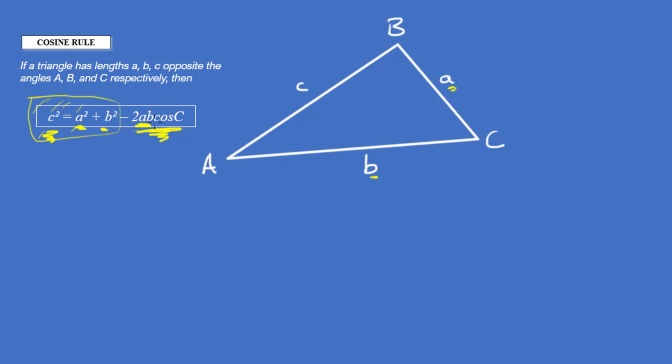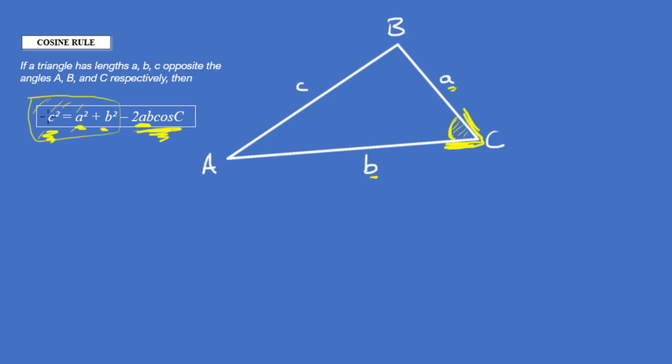And we're multiplying them by the cosine of C, which is right here. So really, that extra is just those two sides and the angle that is between them. When we remember that, we can use it to apply the cosine rule to find any side or any angle.